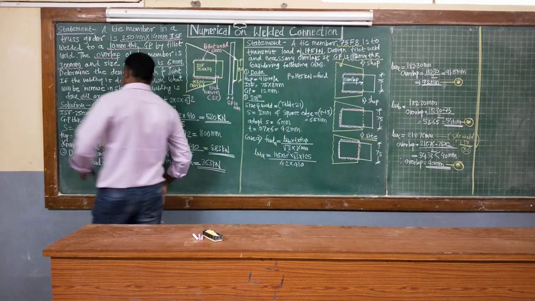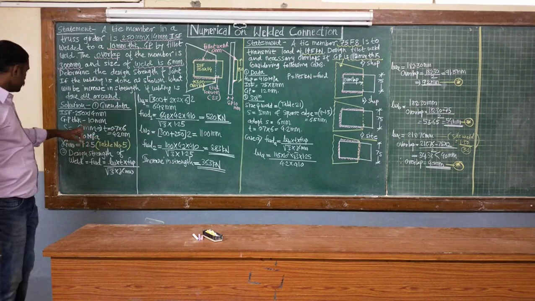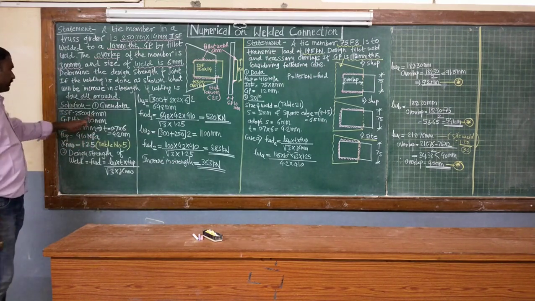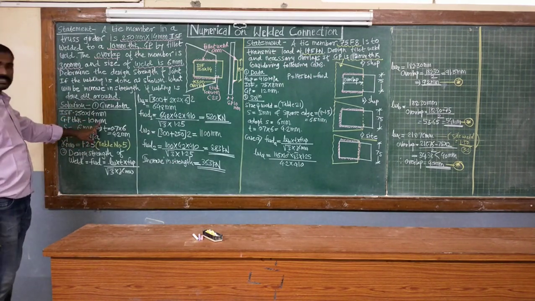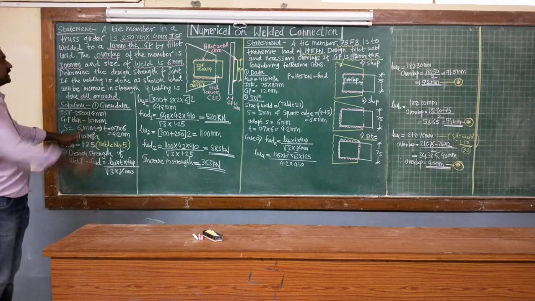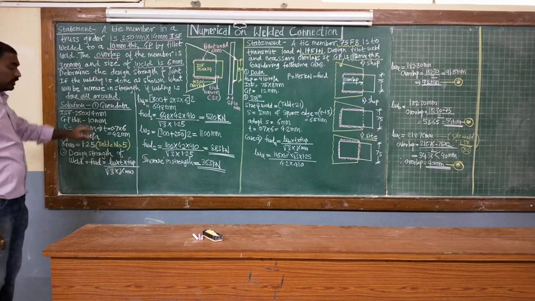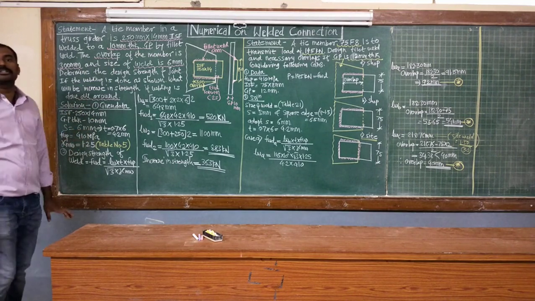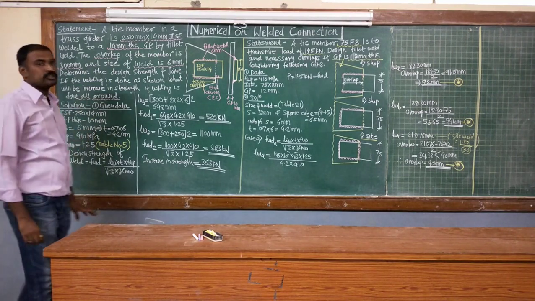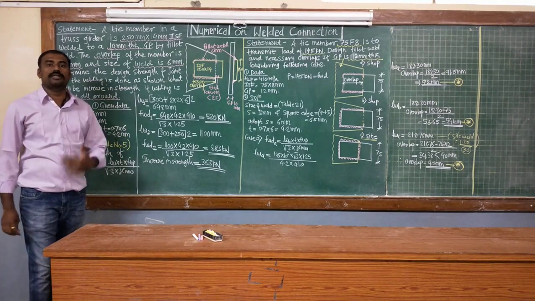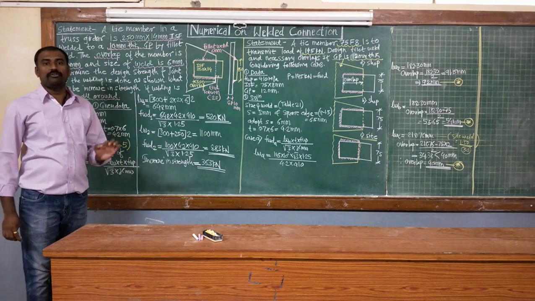After writing the given data: Indian standard flat 250 by 14 mm, gusset plate thickness 10 mm, size of welding equal to 6 mm. Using the size of welding you can calculate the throat thickness. Always we have seen that throat thickness is calculated as 0.7 times the leg weld size, correct?